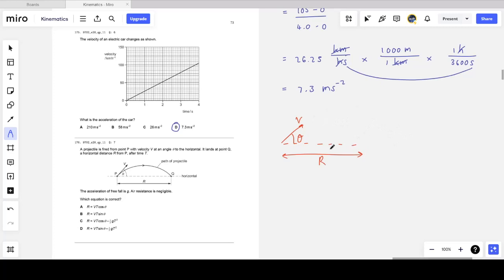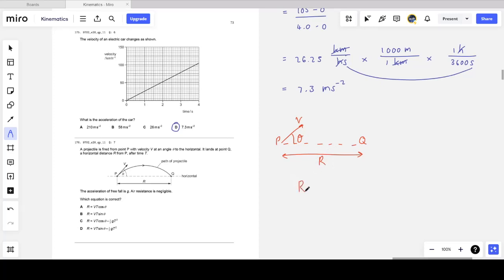And so what I can see is that from P to Q, the horizontal component, now remember there's no acceleration in the horizontal direction, and we only want the horizontal distance. So the vertical distance doesn't need to come into this at all. In fact, none of the vertical quantities need to come into this at all.